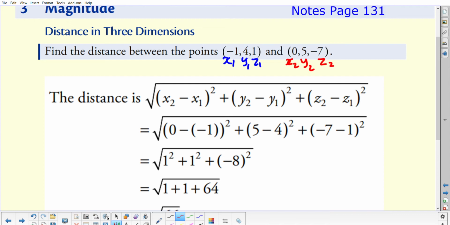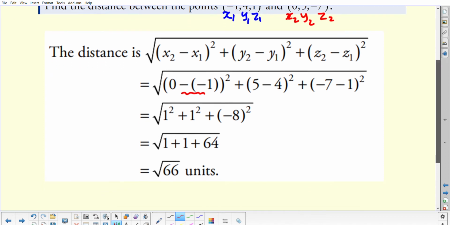So when you substitute in for your x's, you end up with 0 minus minus 1. So this bit here, that does eventually become positive 1 squared. And you've got 5 minus 4 squared. And you've got minus 7. And you're subtracting 1 squared. That gives you negative 8. Remember to make sure you bracket round negative numbers when you're squaring them.